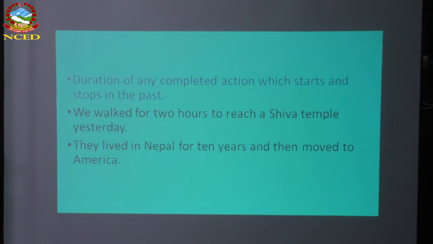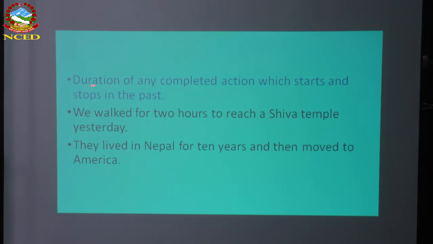Next point, duration of any completed action which starts and stops in the past. So, to show the duration, we use simple past tense. Example: we walked for 2 hours to reach a Shiva temple yesterday.